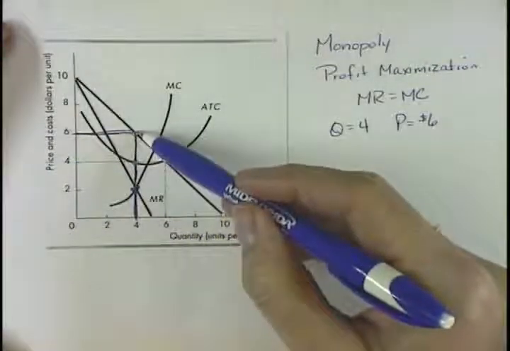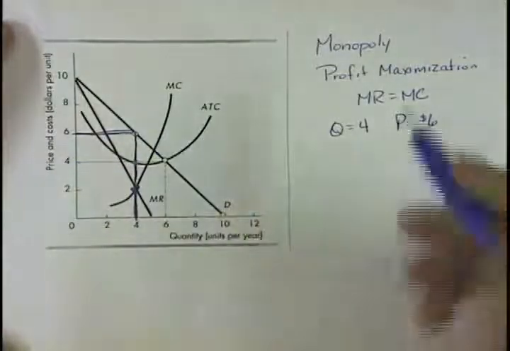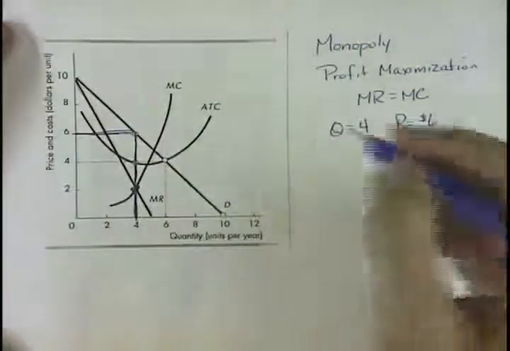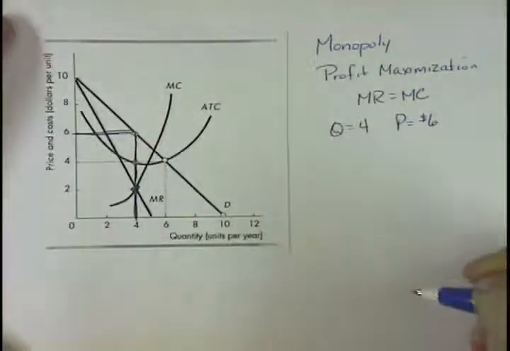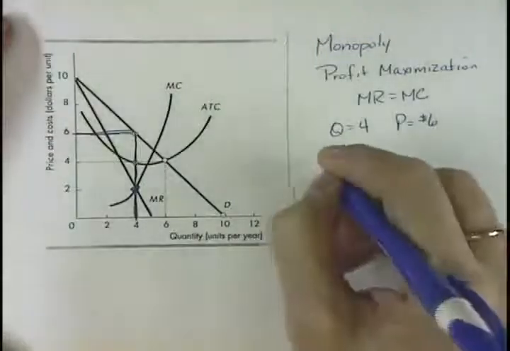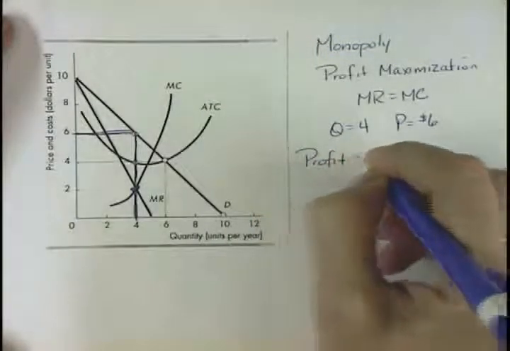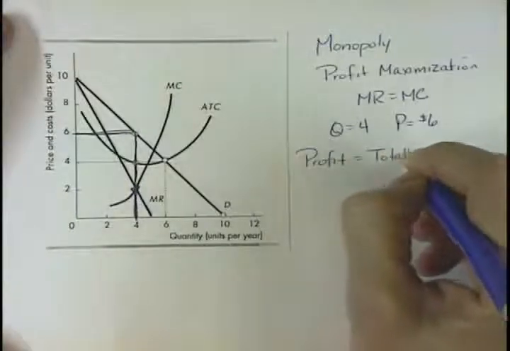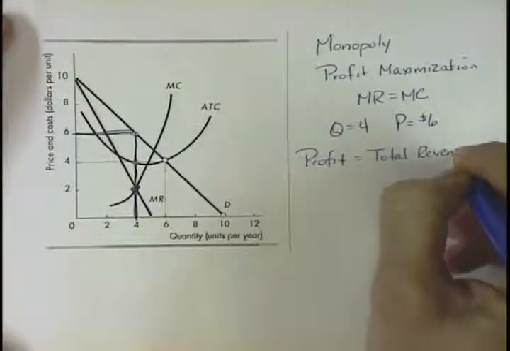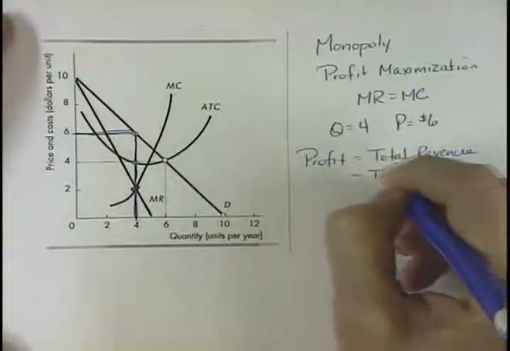So how much can we charge at this level of output? They can charge 6. Now we want to figure out how much profit this firm is earning. To get profit, we first have to find total revenue minus total cost.